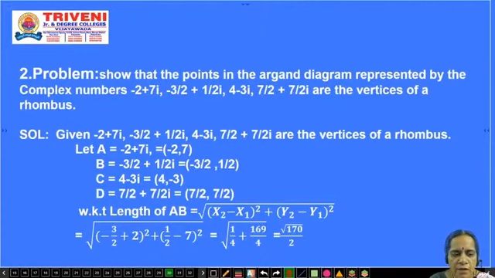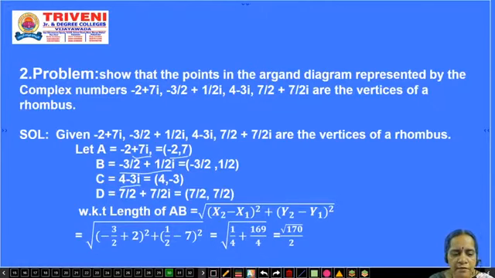Here the value of A is equal to minus 2 plus 7i. This is in the point form. What we have to write here? Minus 2 comma 7. Here B is equal to minus 3 by 2 plus 1 by 2i. This can be written in the point form, minus 3 by 2 comma 1 by 2. And C is equal to 4 minus 3i, 4 comma minus 3.